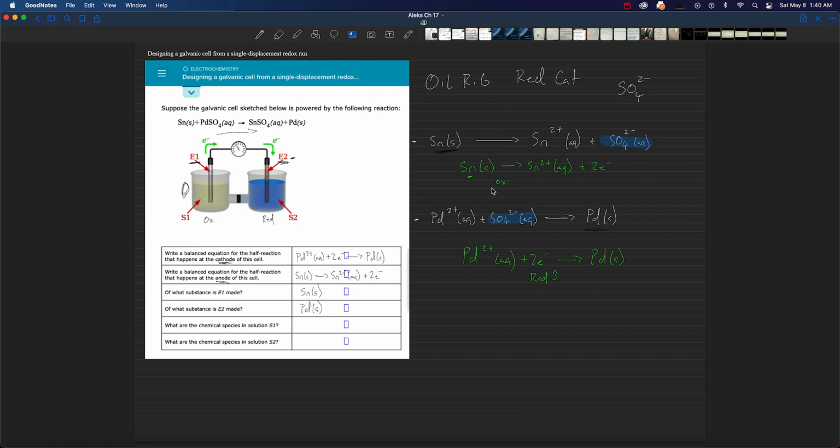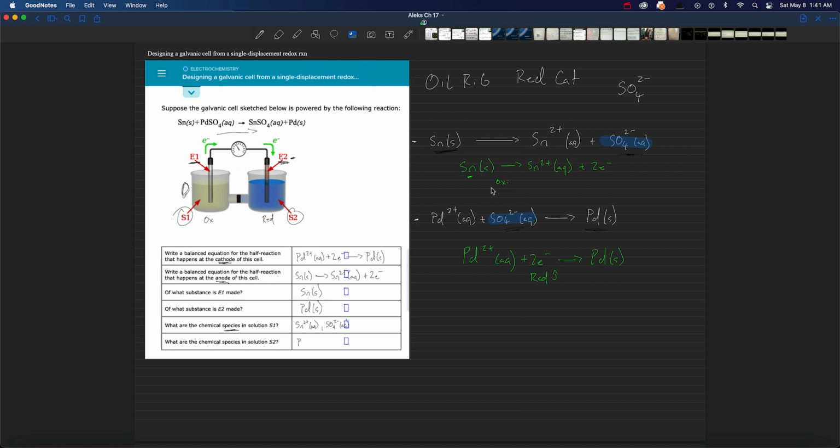And that's why I highlighted these sulfate ions on this side, because these are going to go into these last questions where it says what chemical species are in each solution in S1 and S2. So that's simple enough. All we have to do is include the ions. So in our S1, our oxidation reaction, it's just Sn2+ aqueous and SO4 2- aqueous.